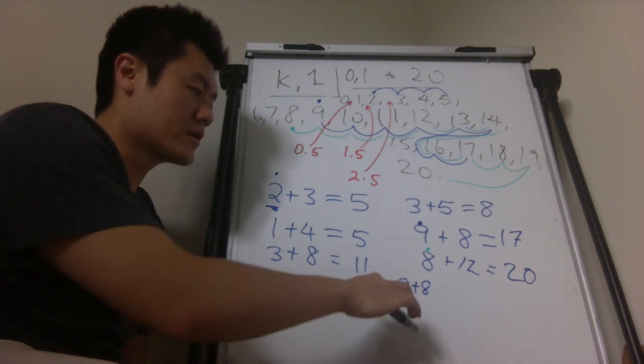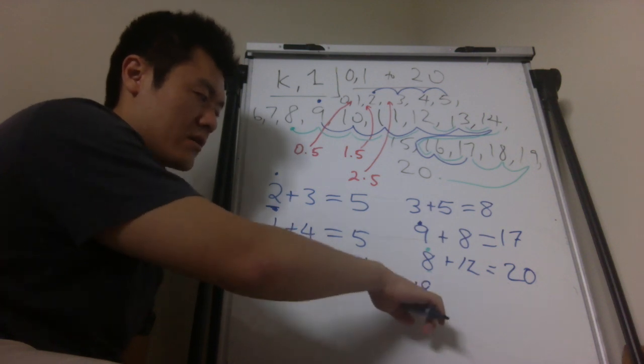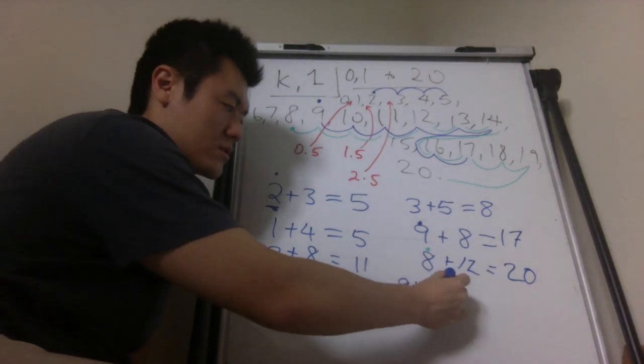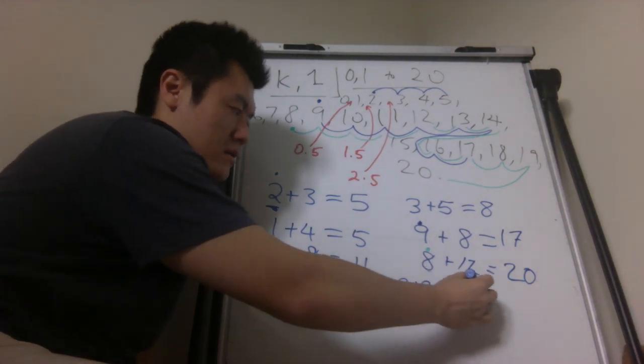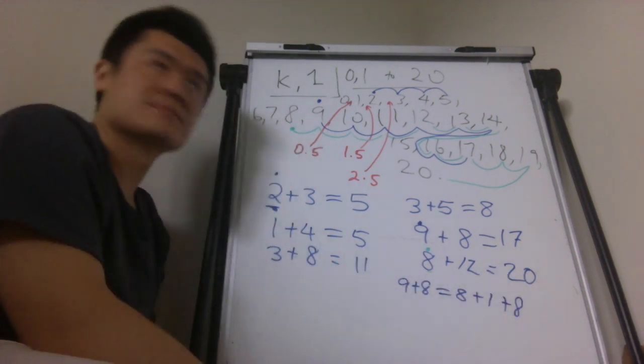You know that's 17, right? But you also know that you can start from 8 and plus 9, right? So you can say this is 8 plus 1 to get 9 and then plus another 8, right?